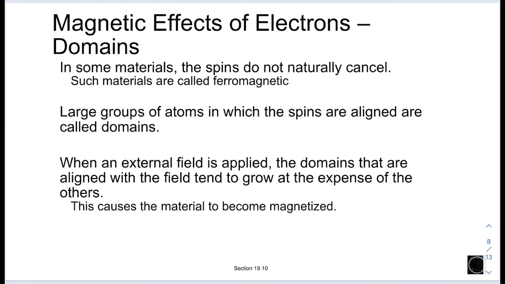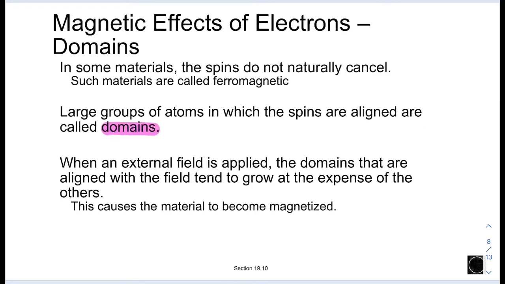Right, magnetic effect of electrons, the domain now. In some materials, the spins do not naturally cancel. We do have them, but not in most materials. Some materials. Such materials are called ferromagnetic. A large group of atoms in which the spins are aligned is called a domain.